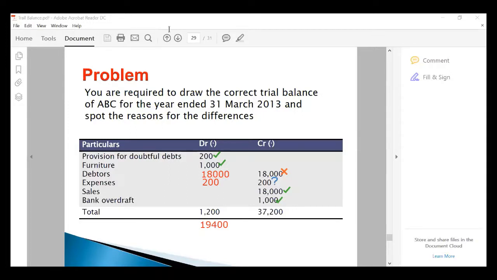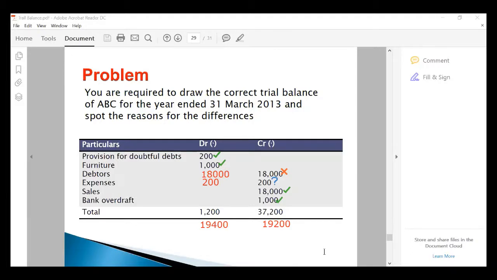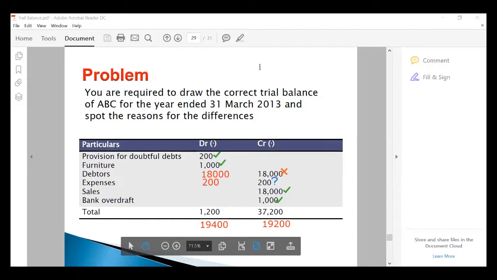It's not tallying. Why? 18,000 plus 1,000, 19,000. Only 19,000 is coming. Not even 19,400. This 18 plus 1,000.